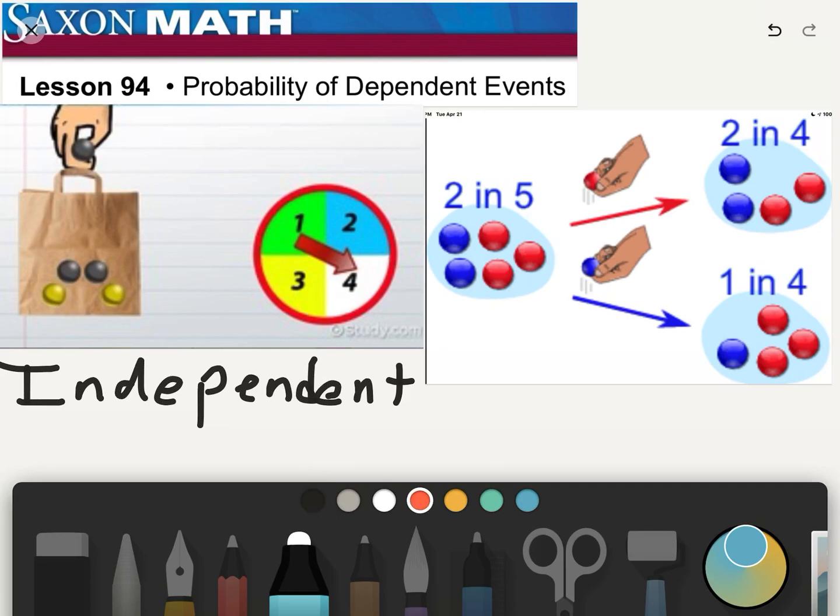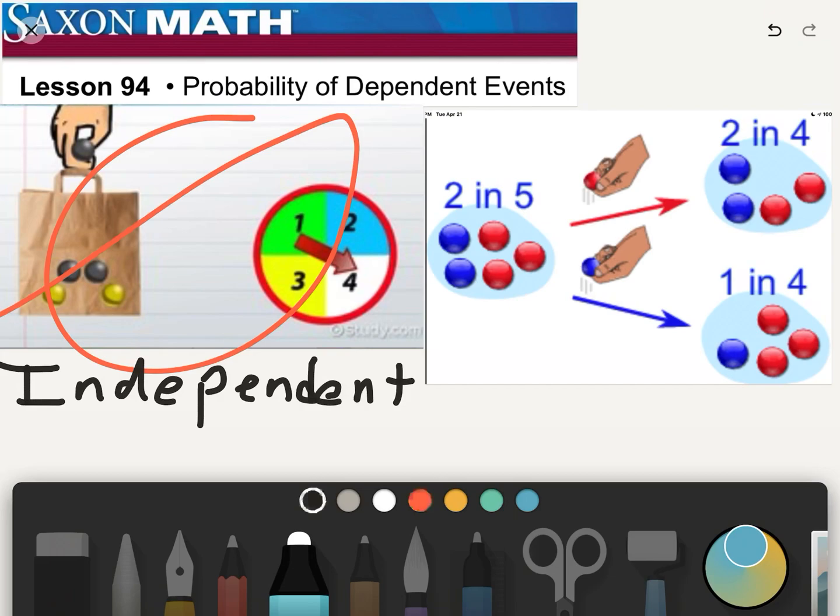But this is not what today's lesson is about. Today's lesson is about a situation like this, where we start out with a ratio of marbles, but then an event happens, and this event affects the probability of a second event.